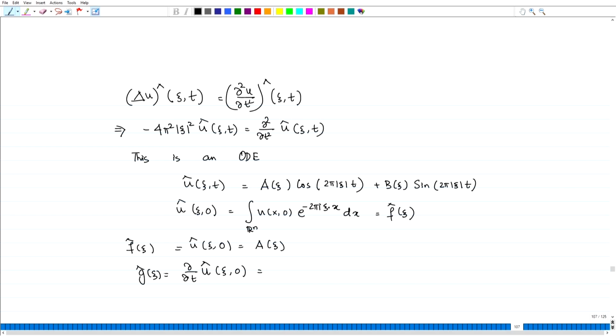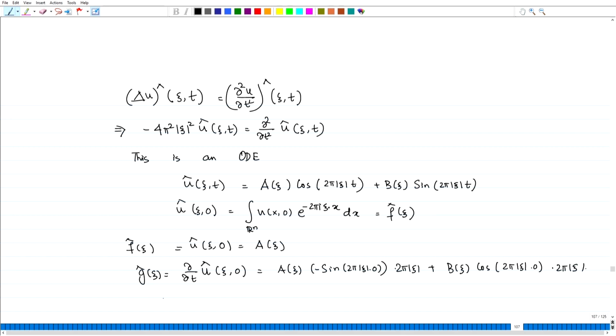Now u hat of xi is this, so del by del t at 0 is going to be a(xi) times minus sin 2 pi mod xi into 0 times 2 pi mod xi, plus b(xi) cos 2 pi mod xi into 0 times 2 pi mod xi.